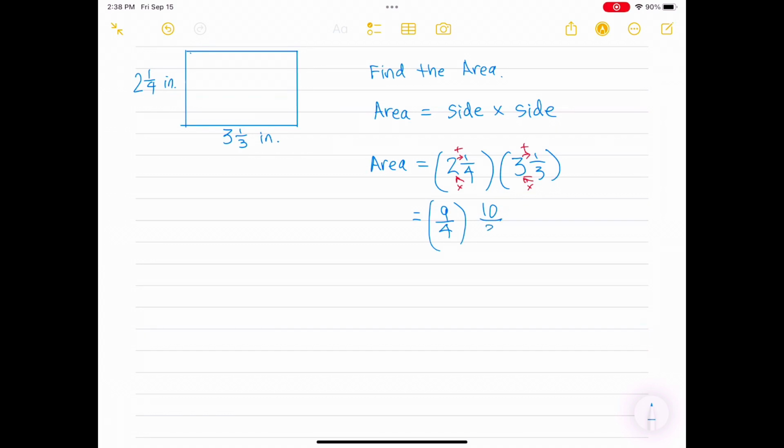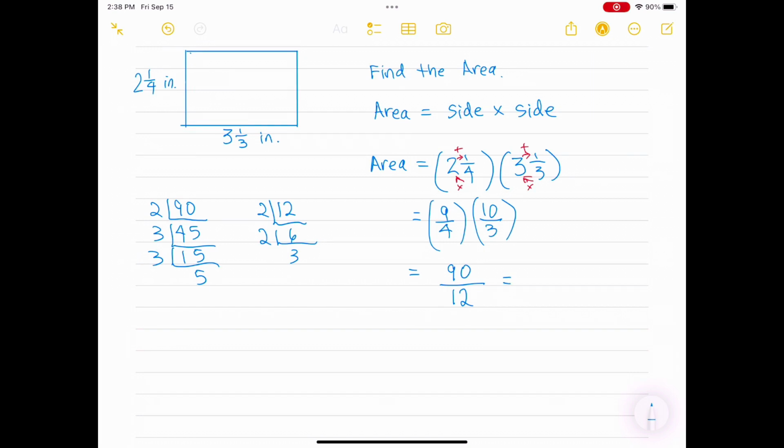So we have 9/4 times 10/3. I could simplify first before multiplying, but in this case I will just multiply across to get 9 times 10, which is 90, over 4 times 3, which equals 12. And now I will do the prime factorizations of both those numbers. 90 factors out to be 2 times 3 times 3 times 5, and 12 factors out to be 2 times 2 times 3.